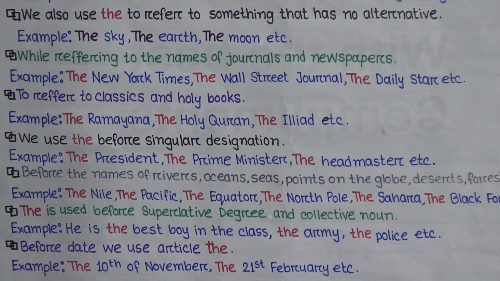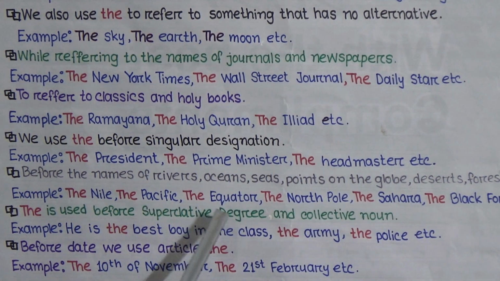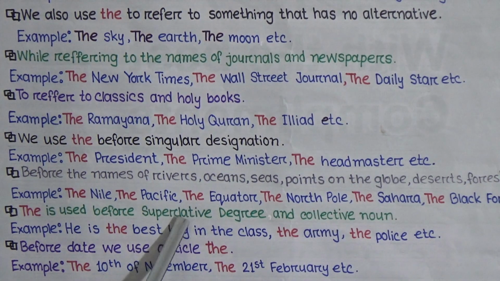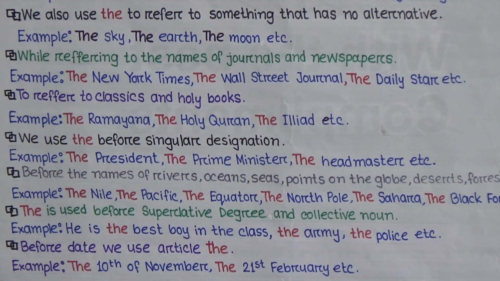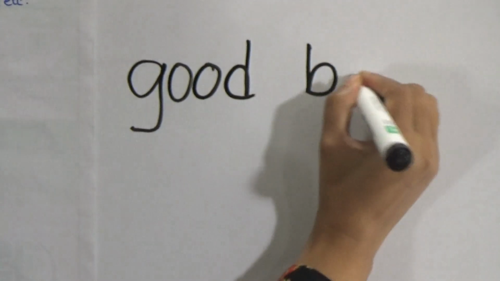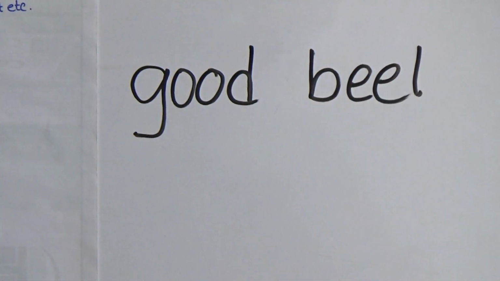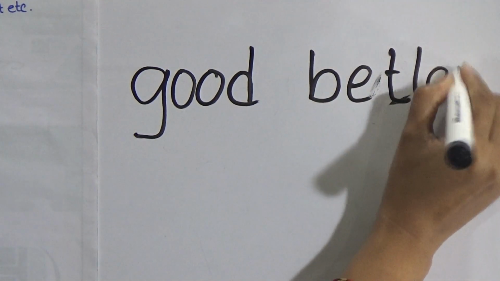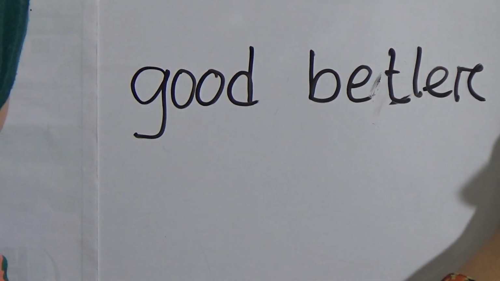Students, do you know what is superlative degree? Superlative degree means we find three kinds of degree: positive, comparative, and superlative. If we say good, good is positive, better, best. I'm writing on board, look. Good, better, and best.